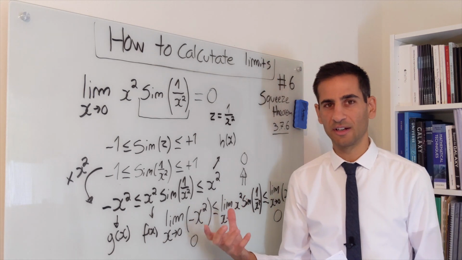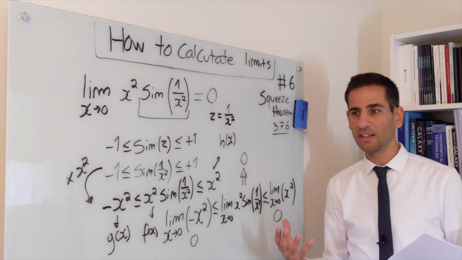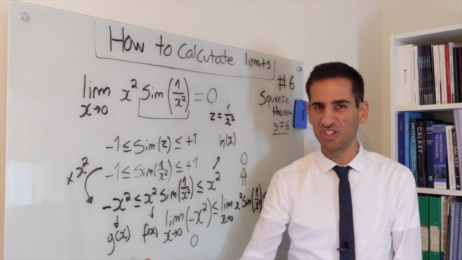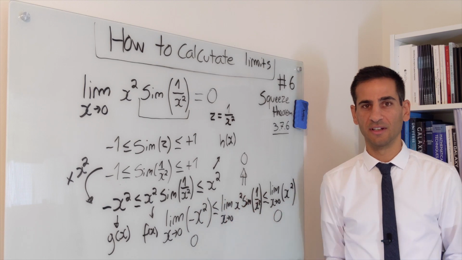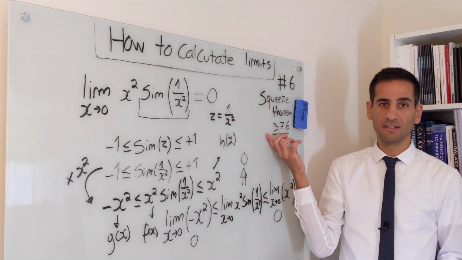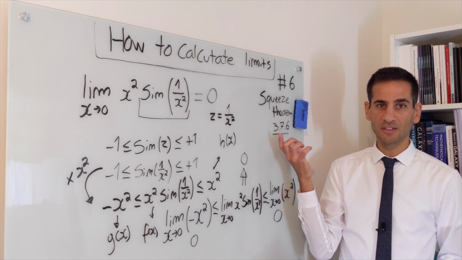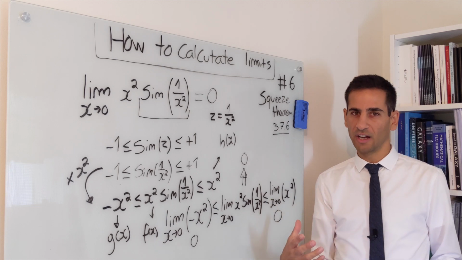And this is actually a very nice application of the squeeze theorem, even if you're not thinking about the formality of it and defining what is g of x, what is h of x, and f of x, and the limits existing, and so on. So it means that this method, number 6, using the squeeze theorem, doesn't have to be all about formality actually.